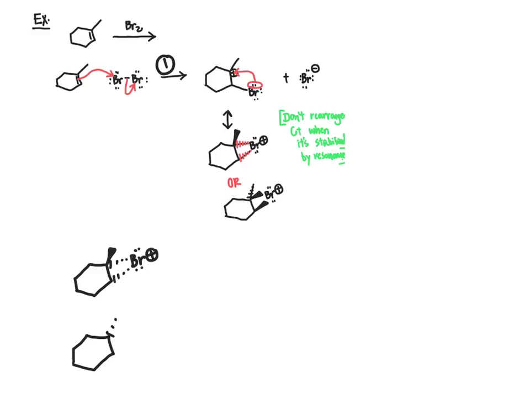So I'm just drawing those two stereoisomer intermediates here, where we're showing that the bromine has two cis bonds leading to the rest of the molecule. Then we bring in the bromide anion, which is going to act as our nucleophile.